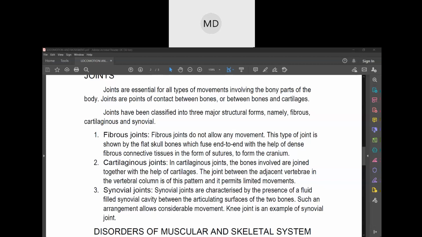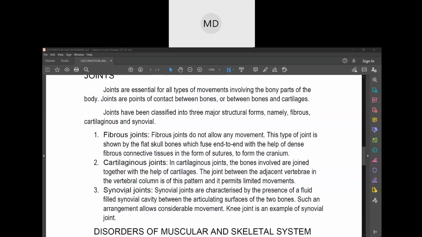The most important difference between these types of joints is movement, whether the joint allows movement or not. Fibrous joints do not allow any movement. Cartilaginous joints allow some amount of movement, and synovial joints allow full movement.